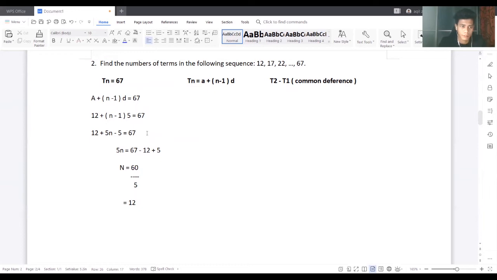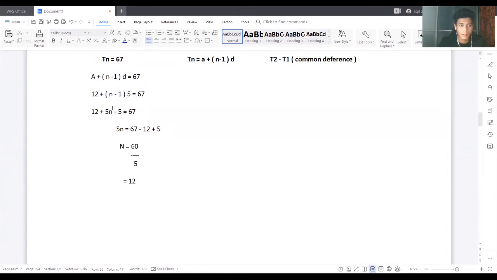Tn is 67. And apply the A, replace it with 12, plus in bracket n minus 1, and then close the bracket, replace d with 5 and Tn with 67, and then simplify it until it becomes 12 plus 5n minus 5 equals 67. And then simplify it again, 5n equals 67 minus 12 plus 5.